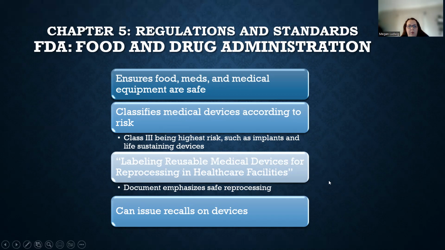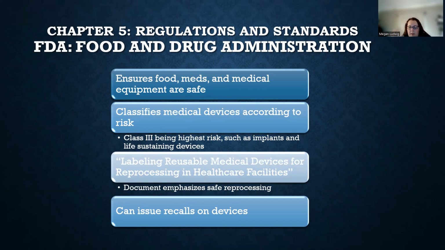They also put out some guidelines or written manuals, for example, this one called Labeling Reusable Medical Devices for Reprocessing in Healthcare Facilities. So they focus heavily on the reusable aspect of what we use in surgery.